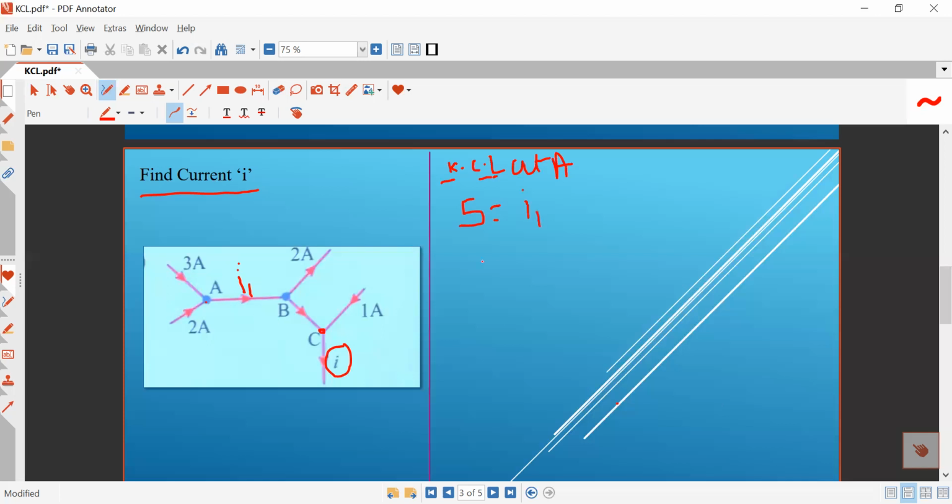Similarly, when you apply KCL at B, incoming current at B is I1 only. And outgoing current from the node B is 2 plus, let us assume this current is I2. So 2 plus I2.